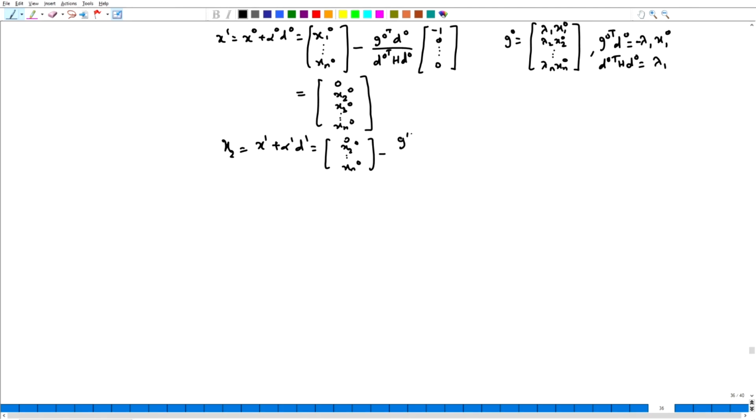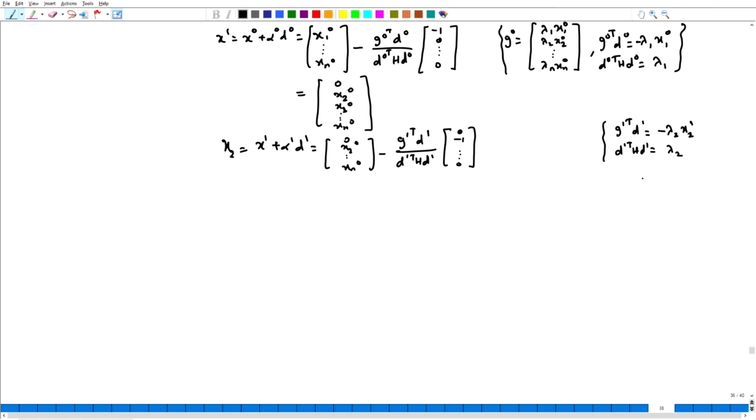Now, what is G 1 transpose d 1 by d 1 transpose h d 1, and d 1 is 0 minus 1 to 0. Okay. So, again G 1 is just lambda 1 x 1 1, lambda 2 x 2 1 and so on. I do not need to write that, I will write this on the side. So, G 1 transpose d 1 is just minus lambda 2 x 2 1, and d 1 transpose h d 1 is just lambda 2.